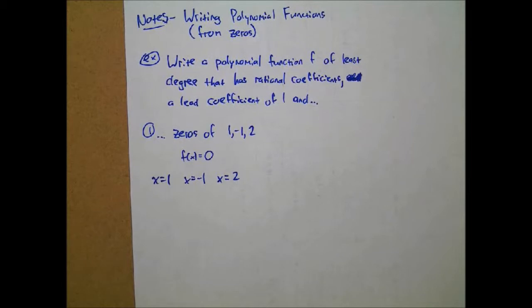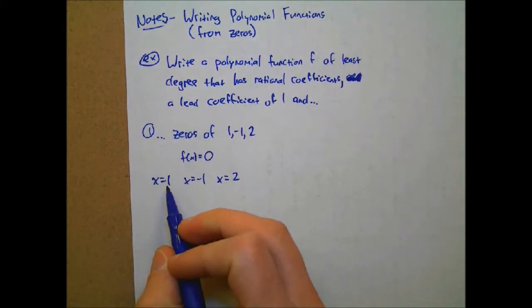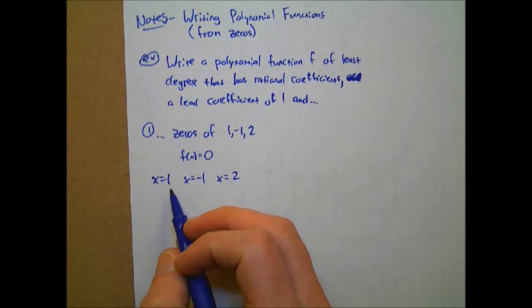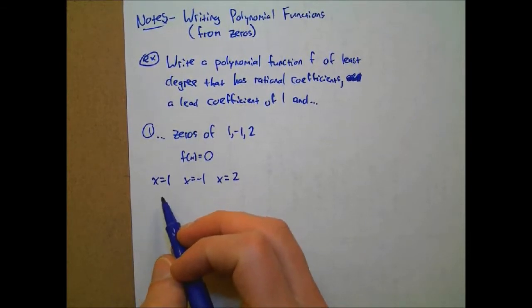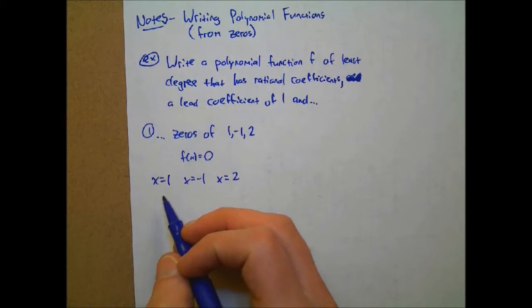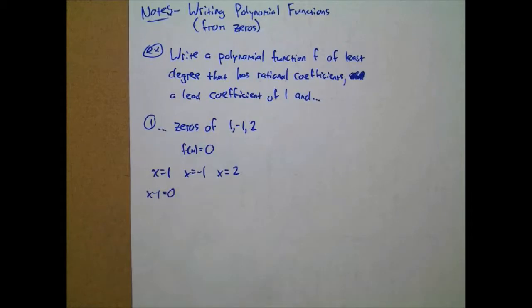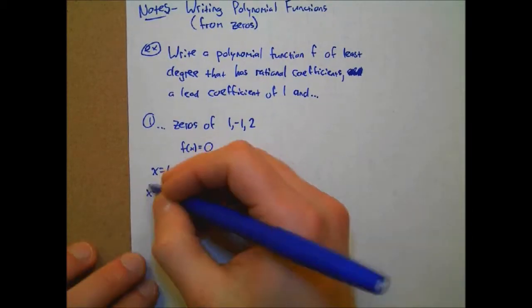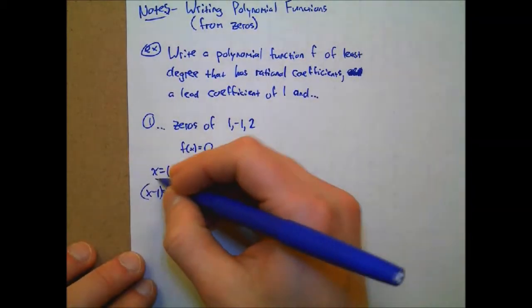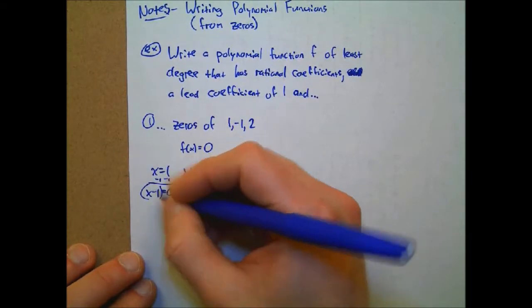So then, if x equals 1 is an answer, what is a factor that would give us this answer? Not just 1. What's that? Okay, so x minus 1 equal to 0, and there's our factor. We subtract 1 from both sides here, and we get x minus 1 equals 0. That's one of our factors.